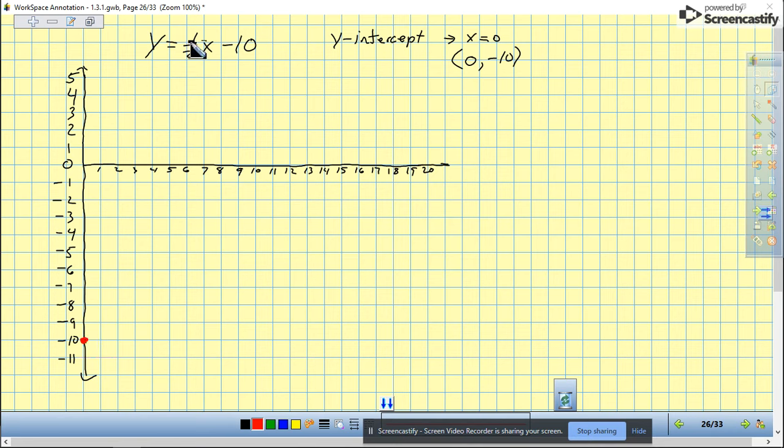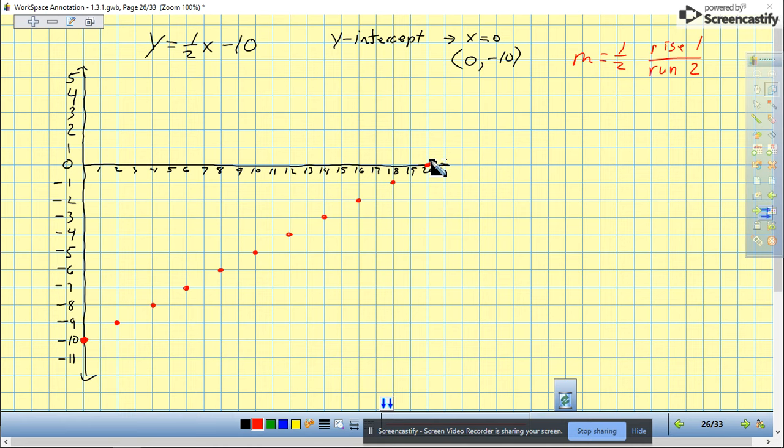So the slope of 1/2, M equals 1/2, means you're going to do a rise of 1 over a run of 2. Okay, so up 1 over 2. And I'm intentionally showing this all the way until we get to this other intercept.